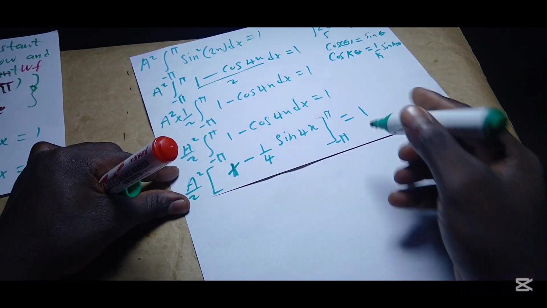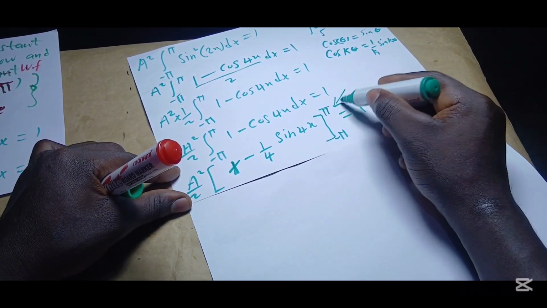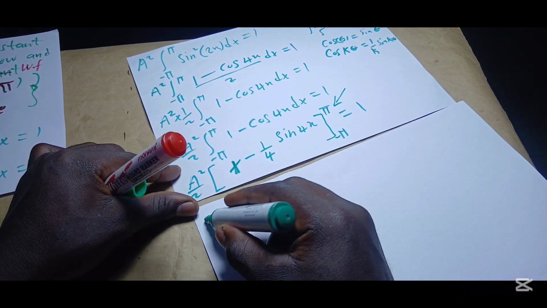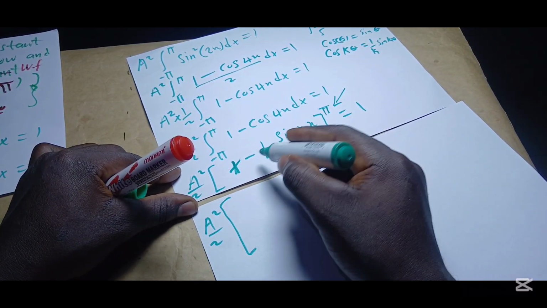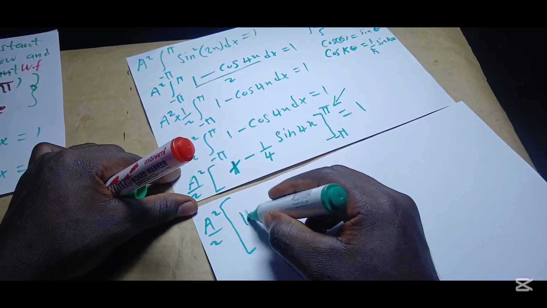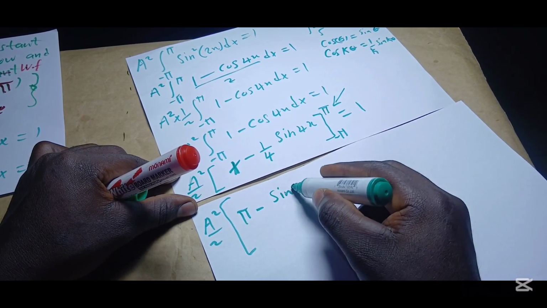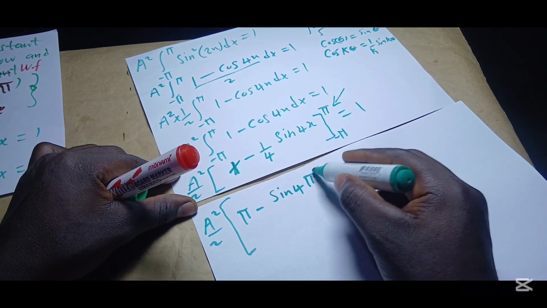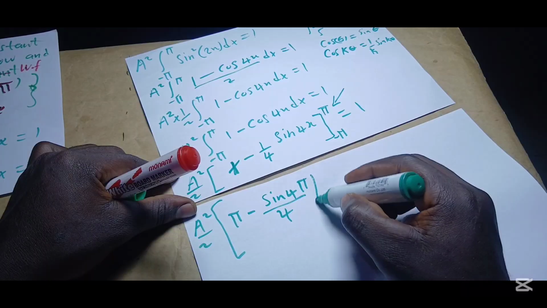So now we are going to put in our limit of integration, starting with the upper limit, which is positive pi. So a squared over 2. So wherever we see x, we put in pi there. Pi minus sine 4x, which is sine 4 pi, you can just divide this whole thing by 4, into bracket.